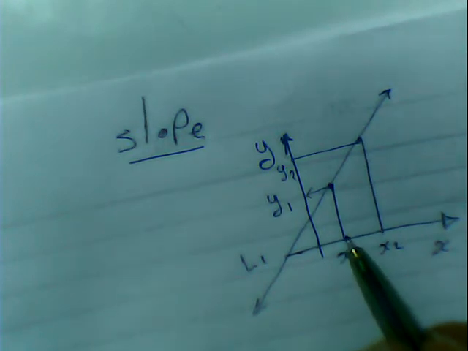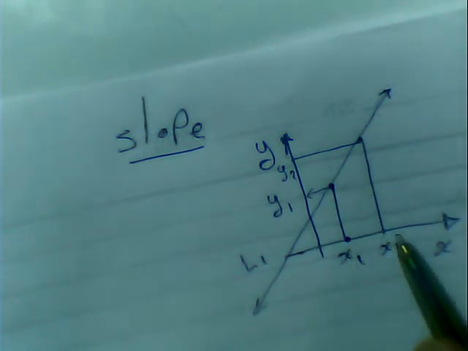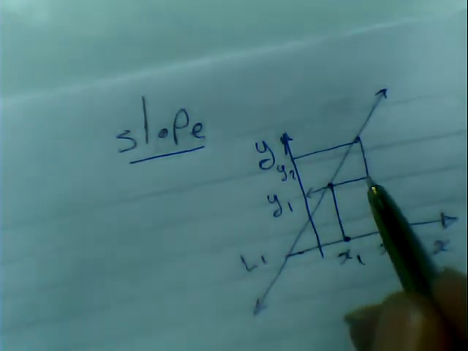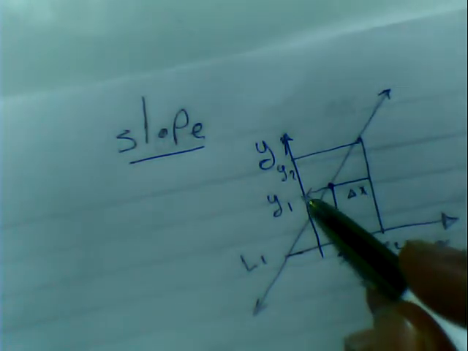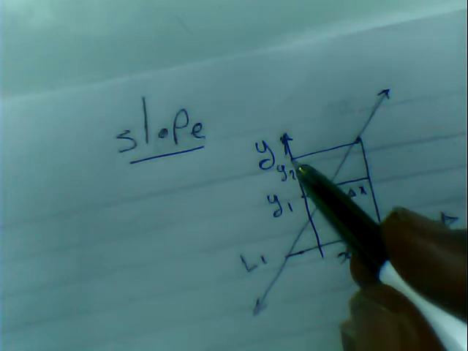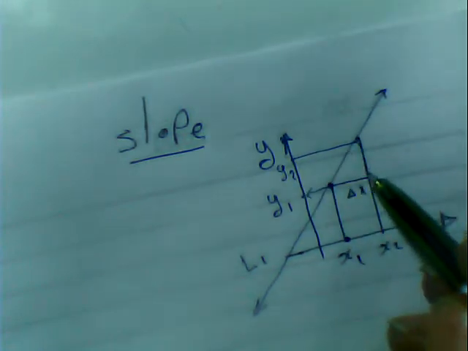This point moves from x1 to x2, that means delta x, and y1 changes to y2, that is delta y.